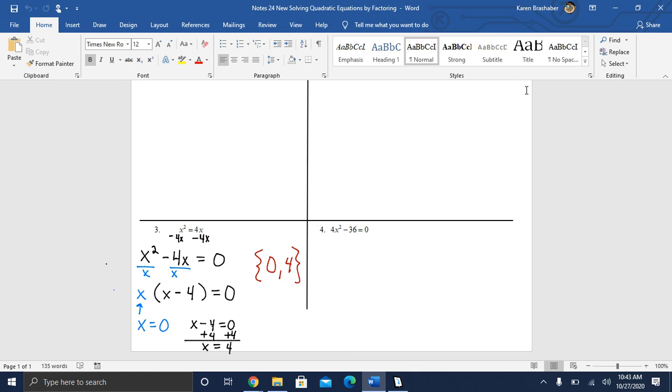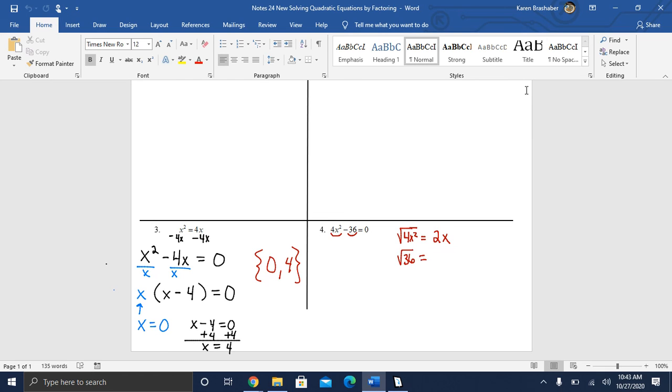So then I might also look to see, do I have squares? And I do. 4x squared is a perfect square. I could take the square root of 4x squared and get, so if I think about what times what gives me 4, that would be 2, and then x squared would give me an x. And I can also do the square root of 36.